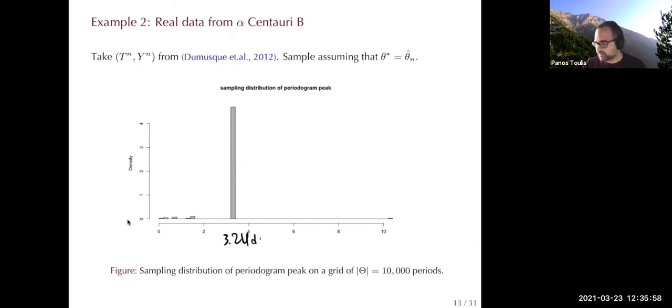You can see that I have a peak at the observed signal, but there are also some areas that might complicate inference, might be non-trivial. And so again, the sampling distribution is not normal. So making statements like my period is 3.24 plus minus something is really meaningless in these cases.